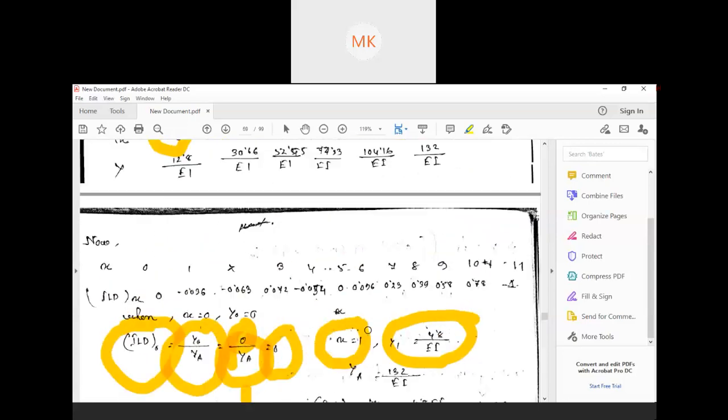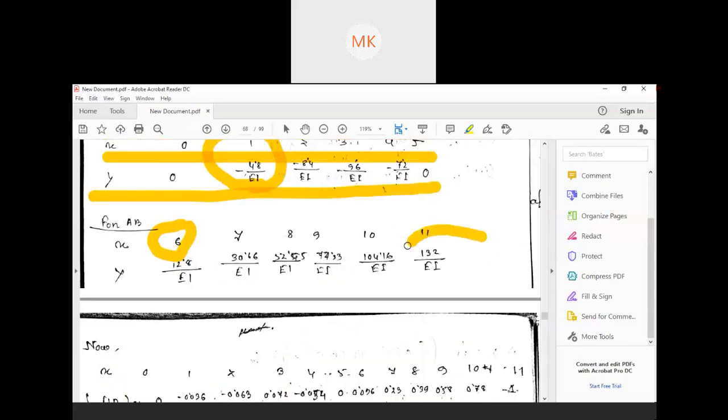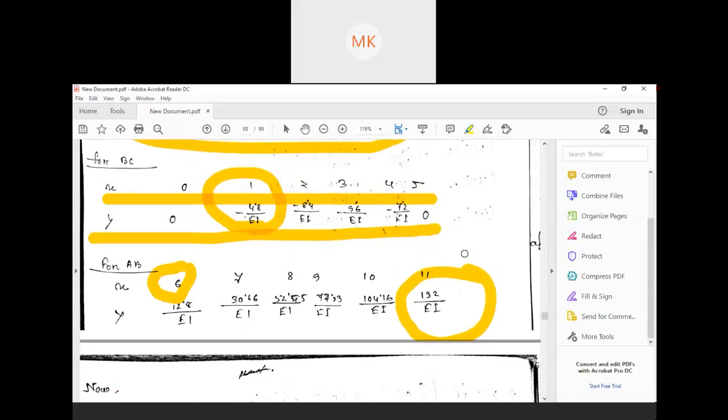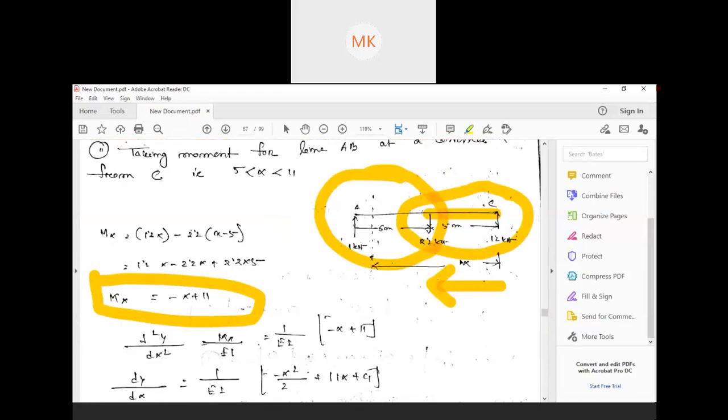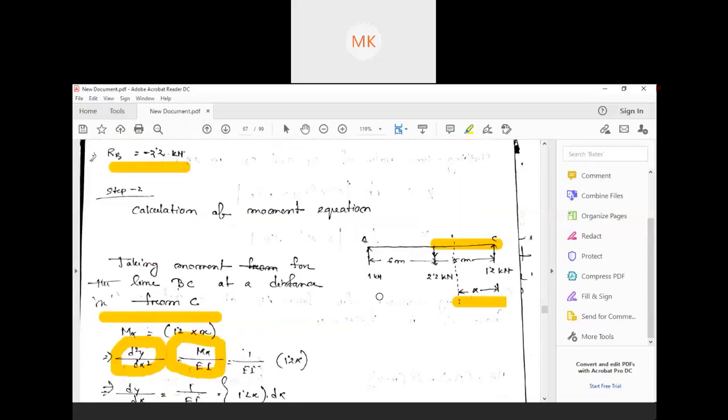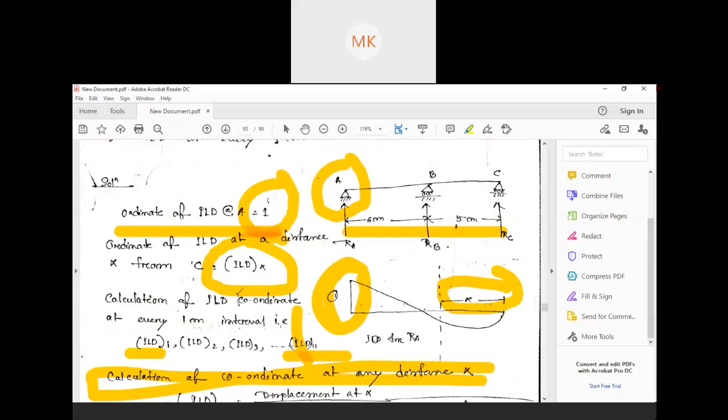And ya is nothing but your last value, because, let me show you, don't be confused about this. We are starting from this point to this point, so in our numerical it is 11 meters. So from 0 to 11, up to A, A is our last point at 11.